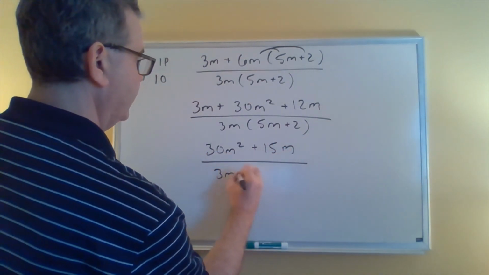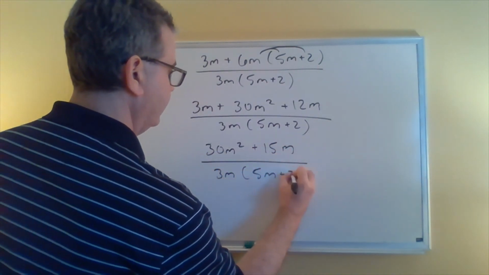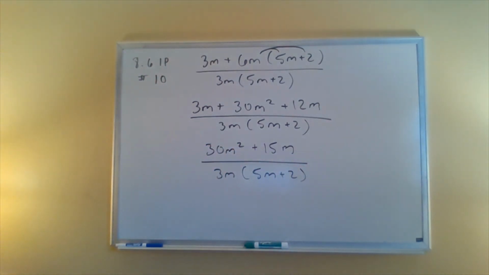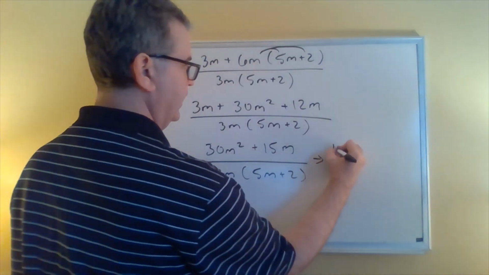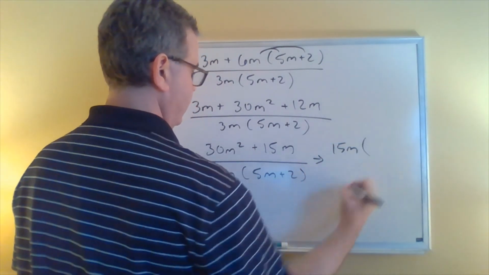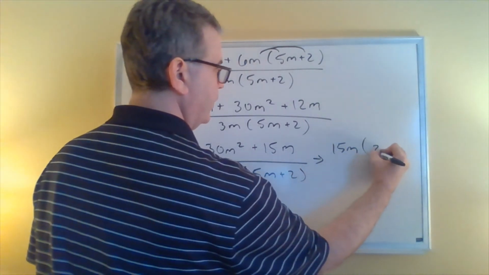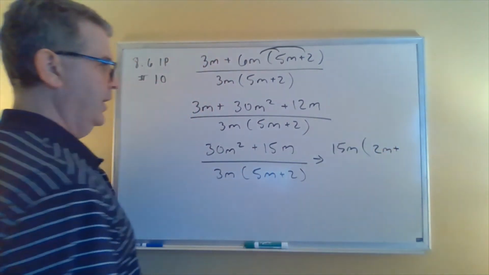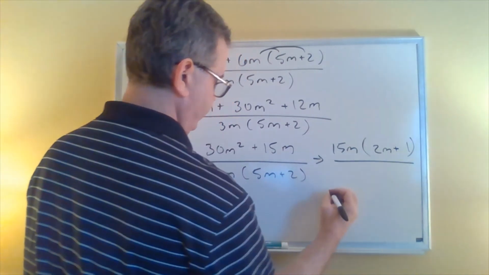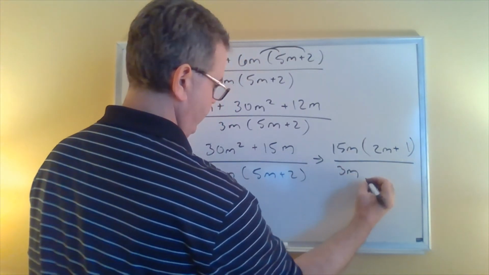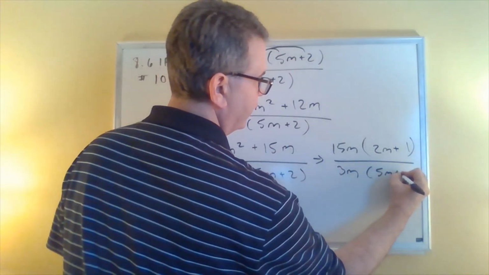I have that over 3m times 5m plus 2. Okay, I can pull a common factor out of the top here. If I pull out 15m, I'll be left with 2m plus 1. And I still have my denominator of 3m times 5m plus 2.